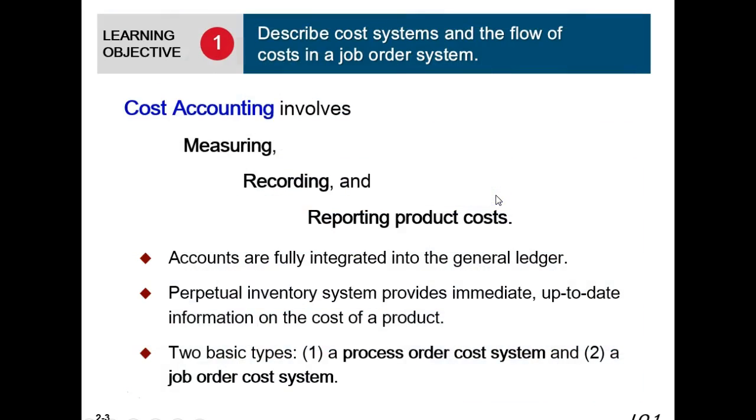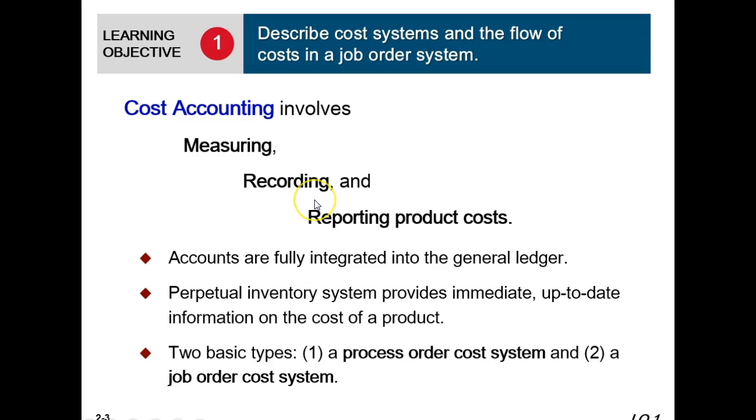So this is really going to get into the nuts and bolts of managerial accounting. As you see here, cost accounting or managerial accounting involves measuring, recording, and reporting product costs.